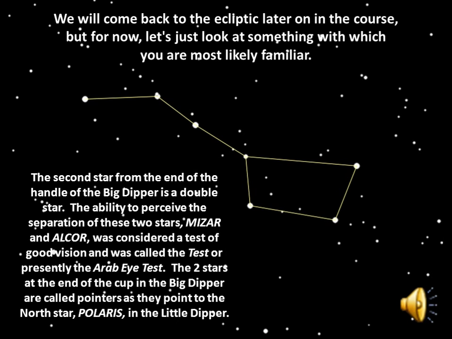If you can't see them, then you're probably going to need glasses. Now, the 2 stars at the end of the cup in the Big Dipper are known as pointers, as they point to Polaris, the star in the Little Dipper.